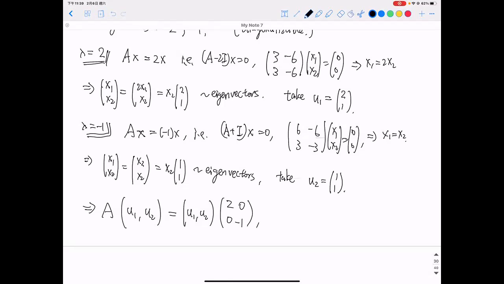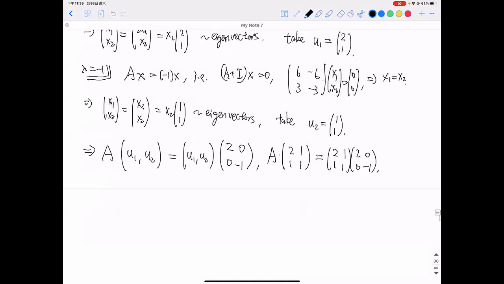More precisely, the matrix formed by u1, u2 is 2, 1, 1, 1, and the diagonal matrix is 2, 0, 0, minus 1. There's just one more thing to do.